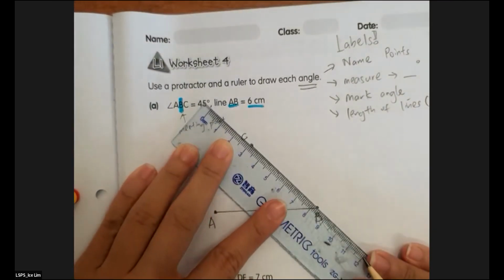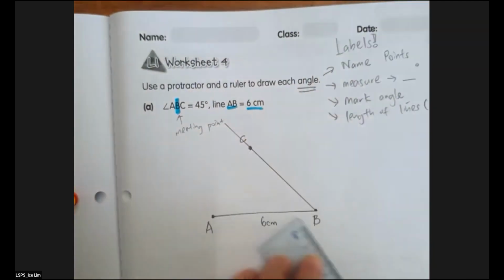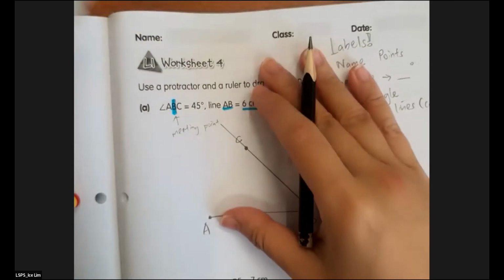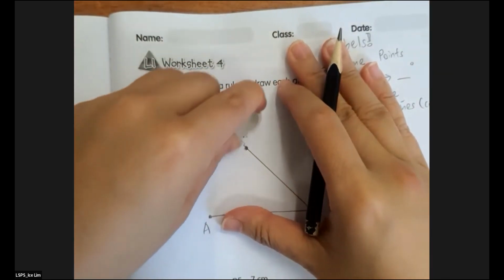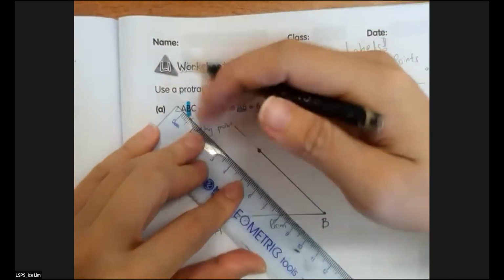I can also cross this. Cutting across is okay, because the length of BC is not given.